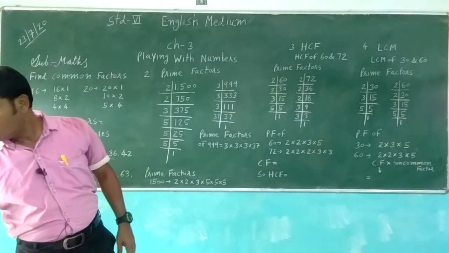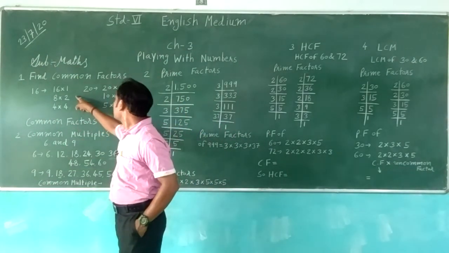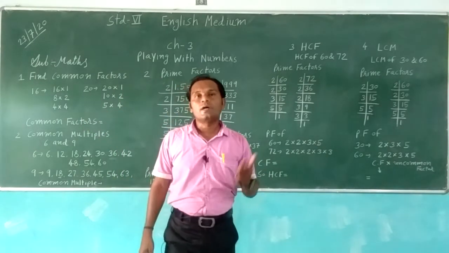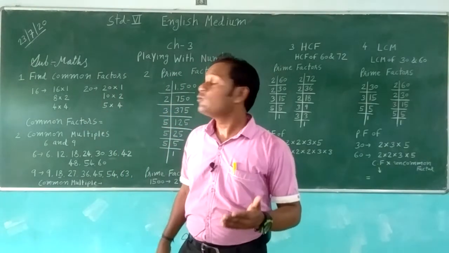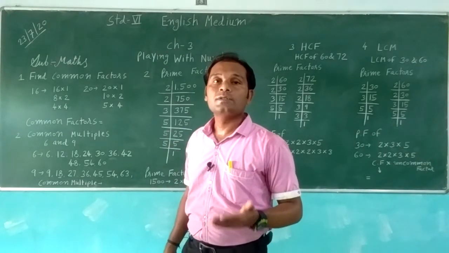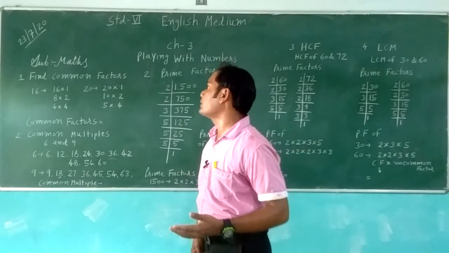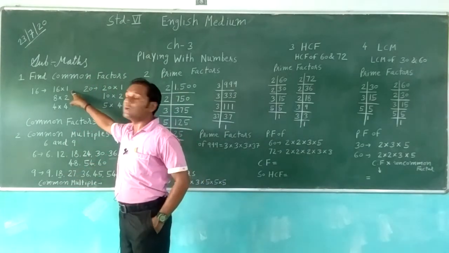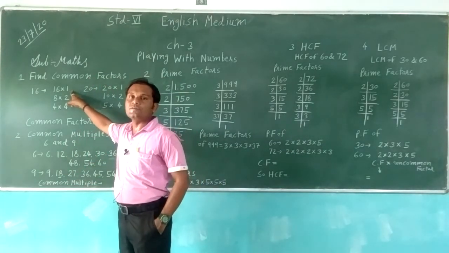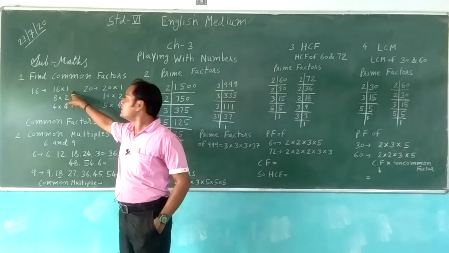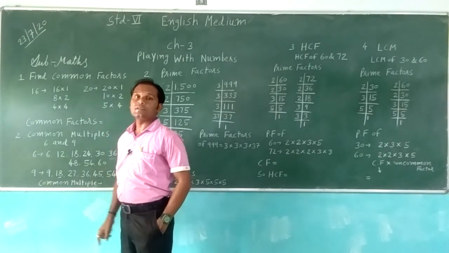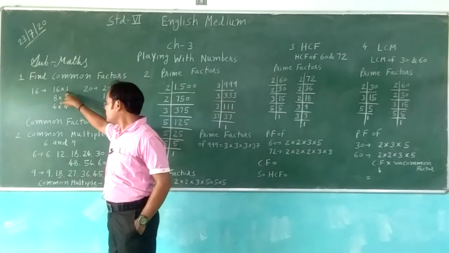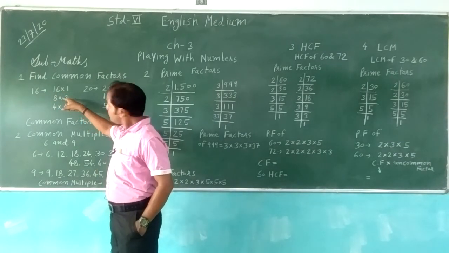So we have two numbers, 16 and 20. First we need to find the factors of 16. Here you can see 16 multiplied by 1: 16 ones are 16. So 16 and 1 are factors. The number itself and 1 are factors of that number.